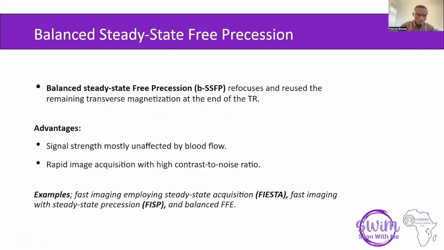One difference between the spoiled gradient echo and the balanced steady state free precession is that the balanced steady state free precession refocuses and reuses the remaining transverse magnetization at the end of the TR, whilst the spoiled gradient doesn't refocus the remaining transverse magnetization at the end of the TR.